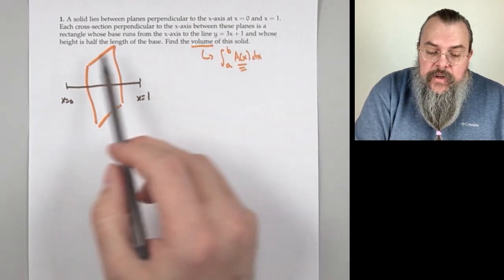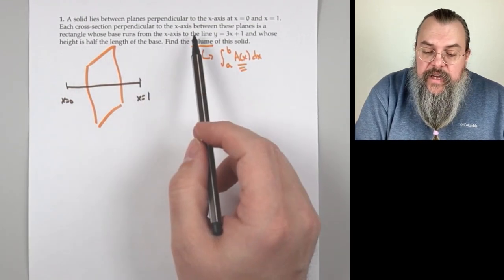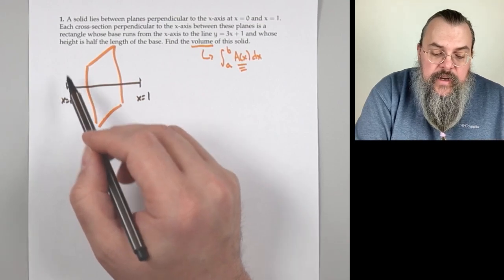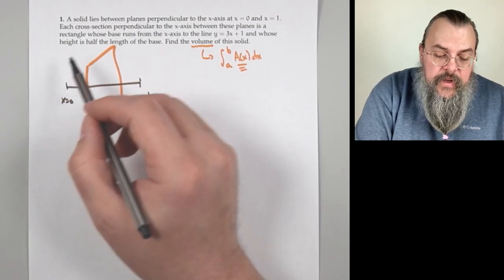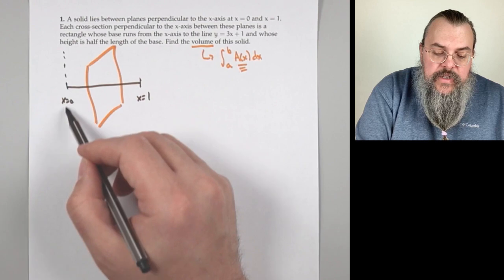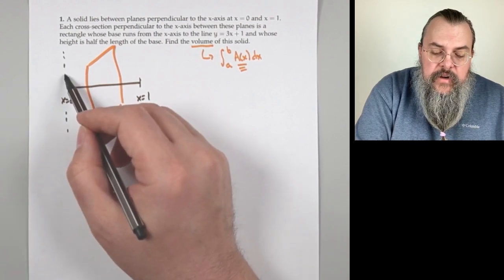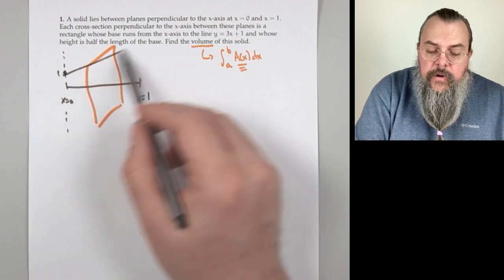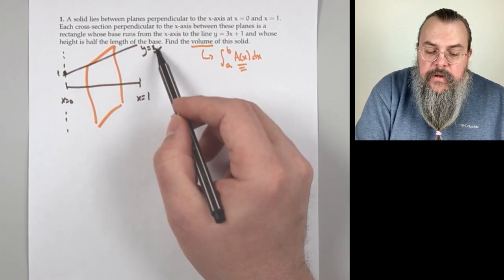There's a rectangle whose base runs from the x-axis to the line y equals 3x plus 1. So here's x equals 0 and x equals 1. We'll sketch in our axes here. Let's say this is 1, and we have y equals 3x plus 1.